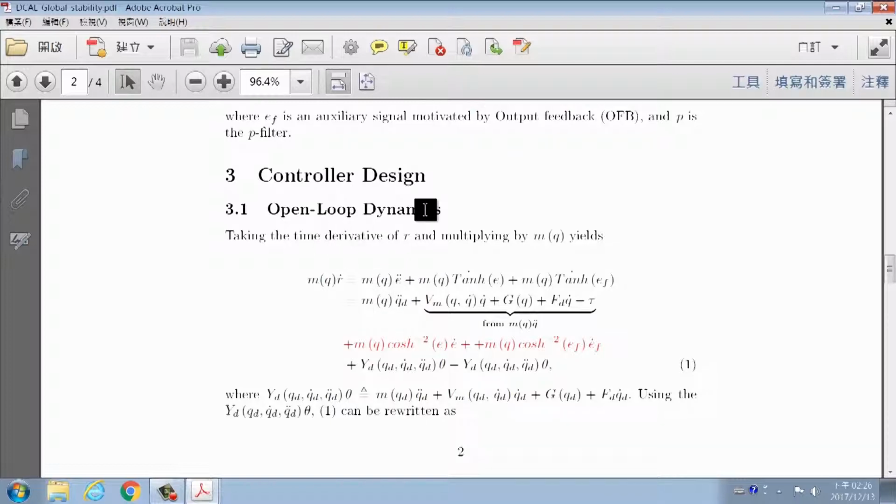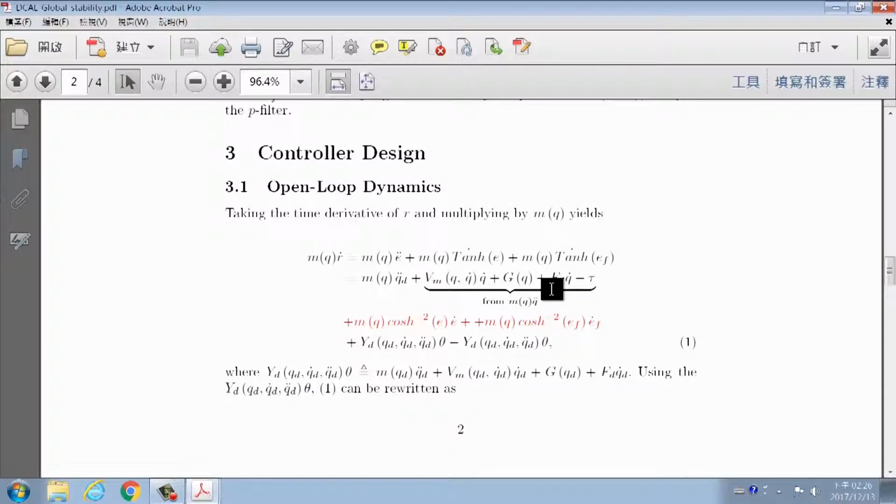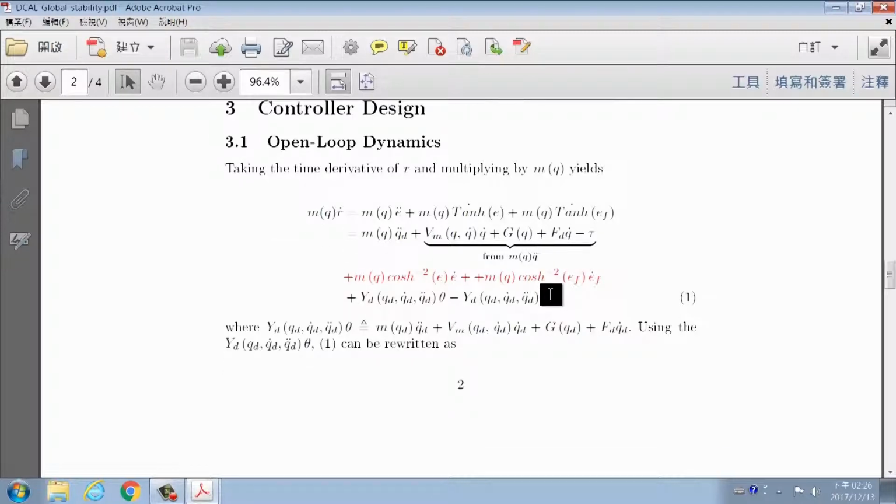So in the open loop dynamics, we take the R dot, and by definition, that's E double dot plus tanh E dot, tanh EF dot, okay? And that's equal to this.